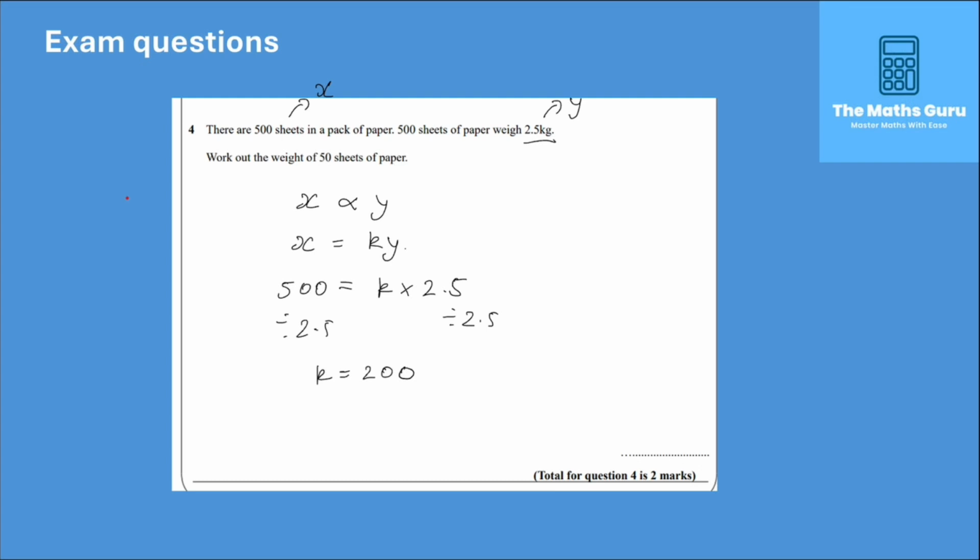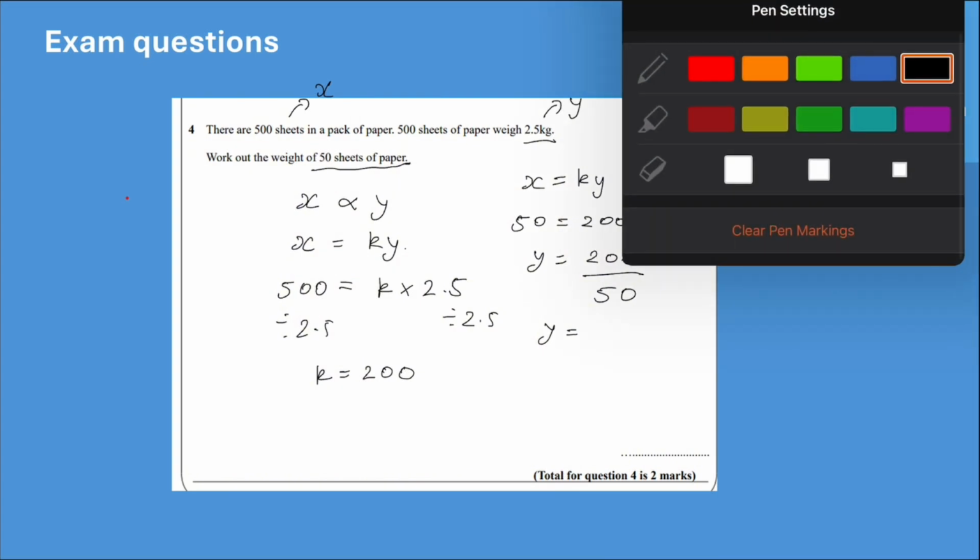It then tells us to work out the weight of 50 sheets of paper. Okay, we have our new x. So setting up our equation, again, we have x is equal to ky. Filling in what we know, we have that 50 is equal to 200 times by our y. Rearranging this to work out our y, we get y is equal to 200 divided by 50. Sorry, here I made a mistake.